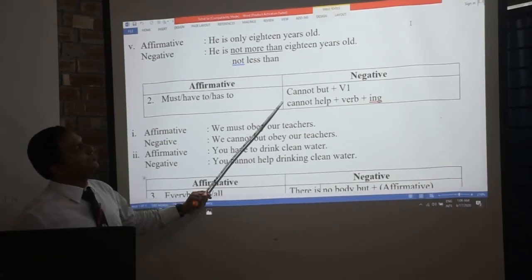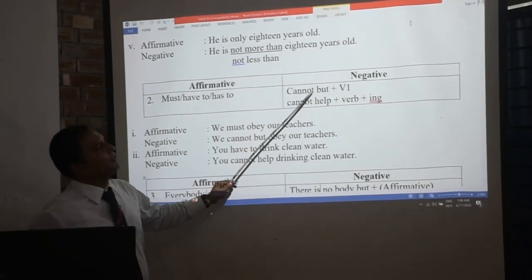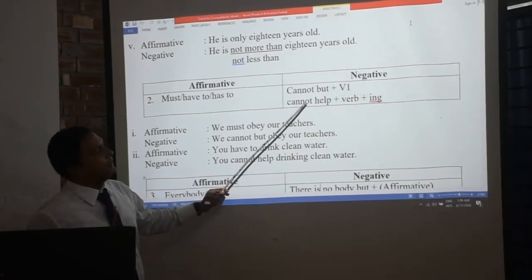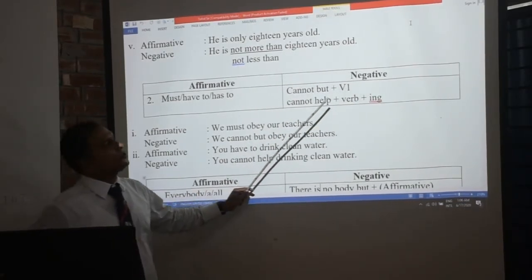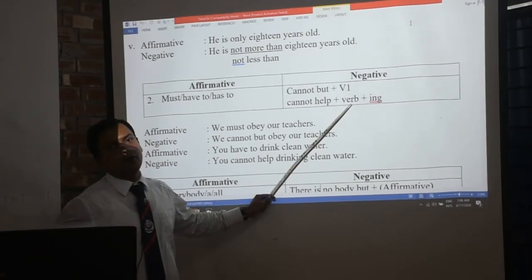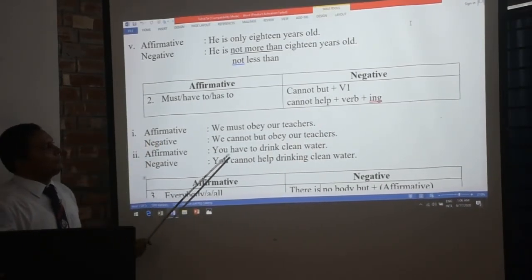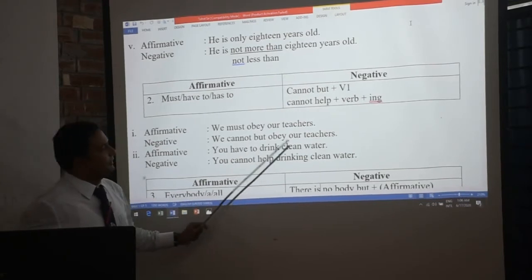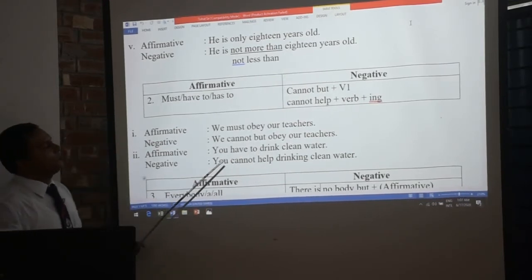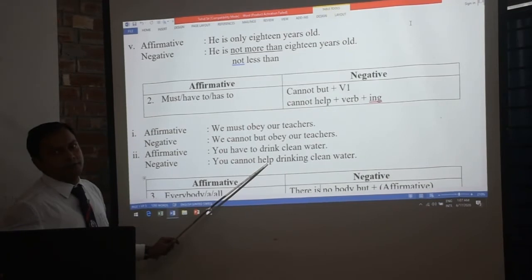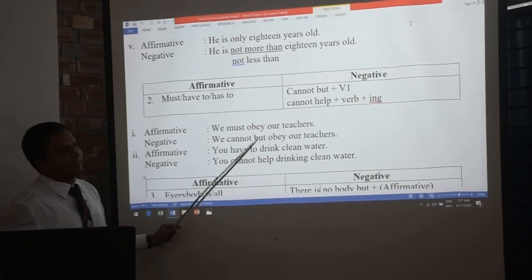But you can use cannot help instead of cannot but. In this case, you have to use ing with the base form. See an example, you have to drink clean water. In this sentence, we used help instead of but.